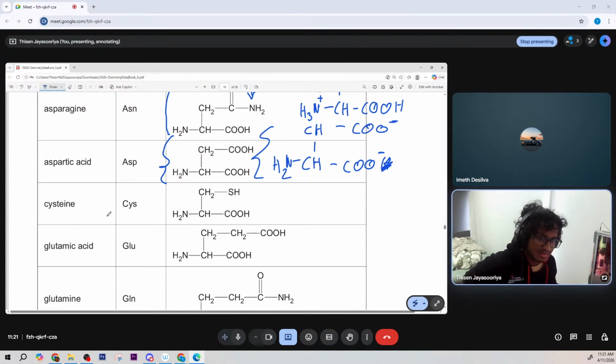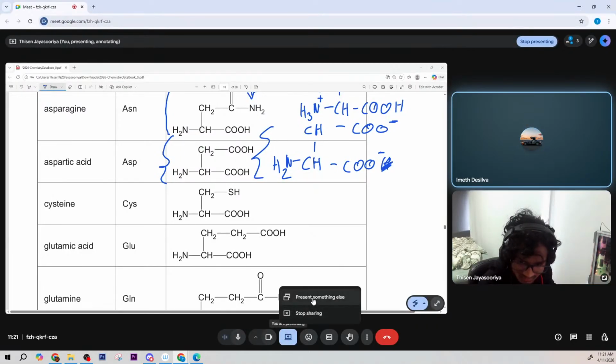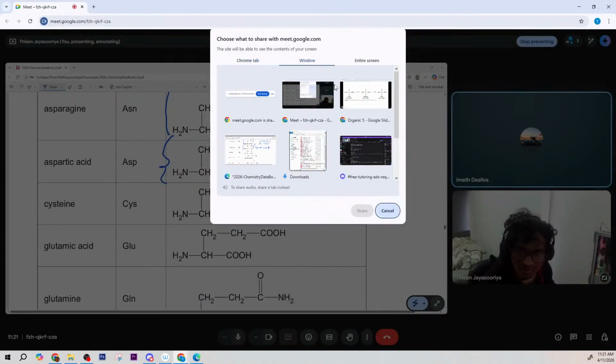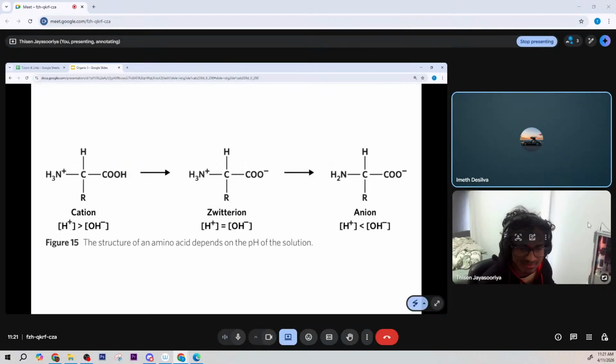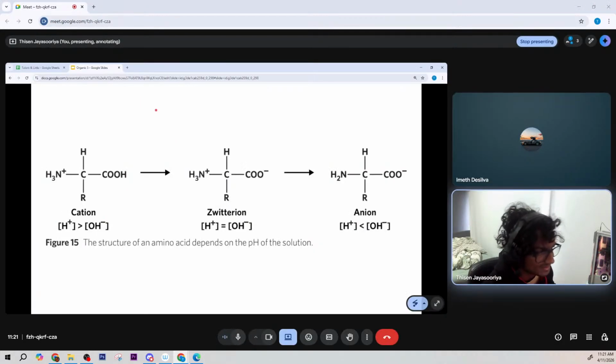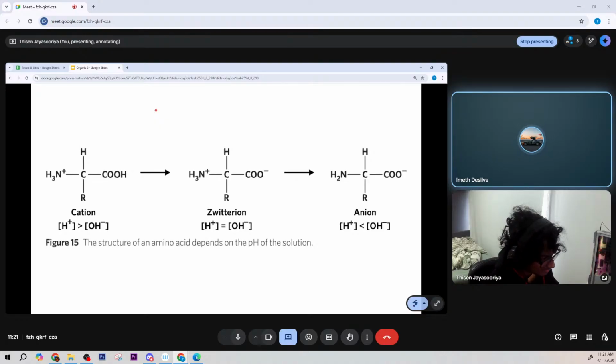Because think about it, if we have a misfolded protein, it's going to cause a lot of problems. Like cancer and all that. It can cause a whole bunch of diseases. We don't want any of that.